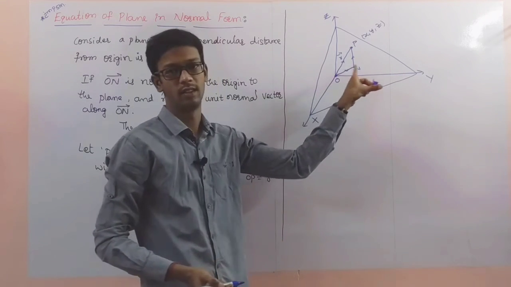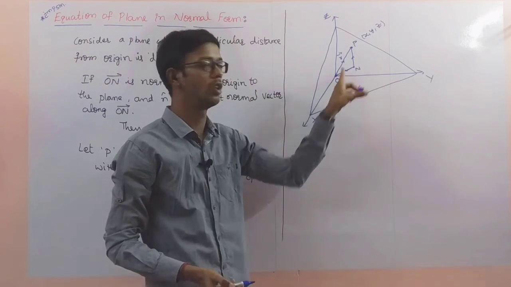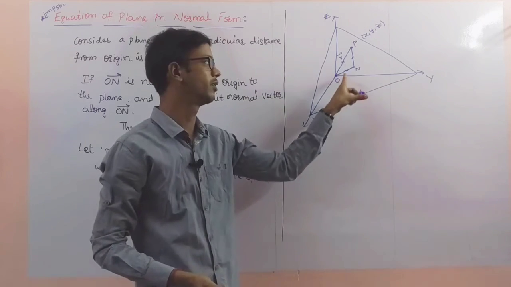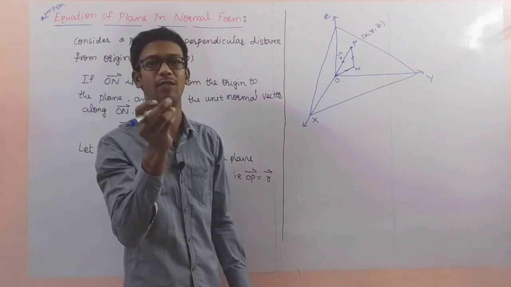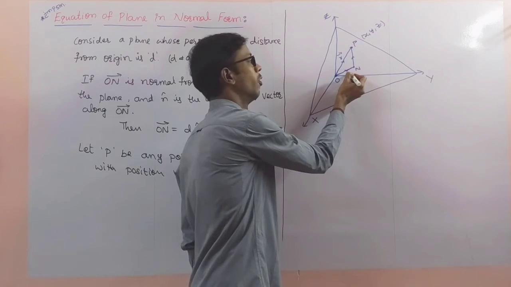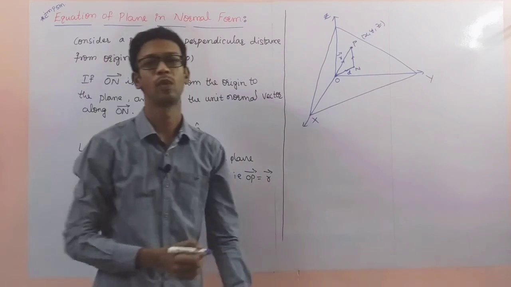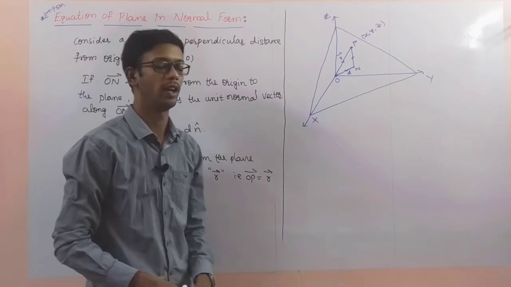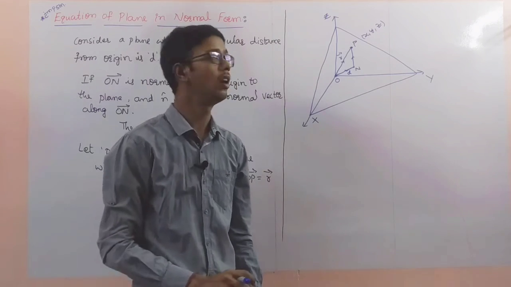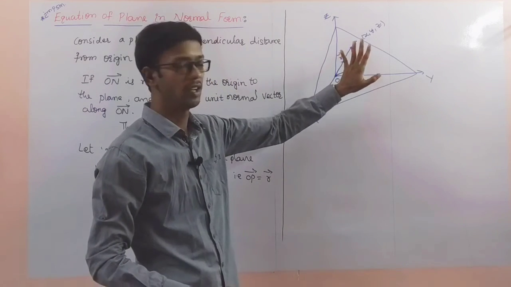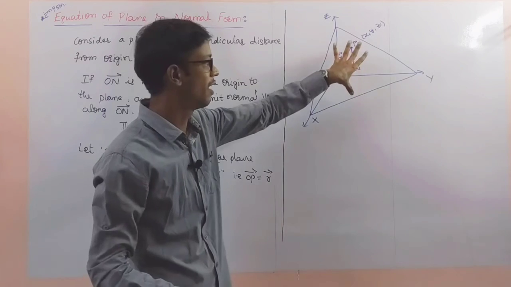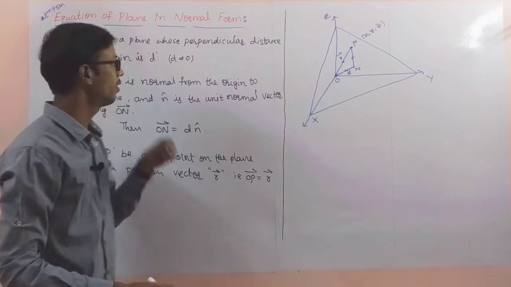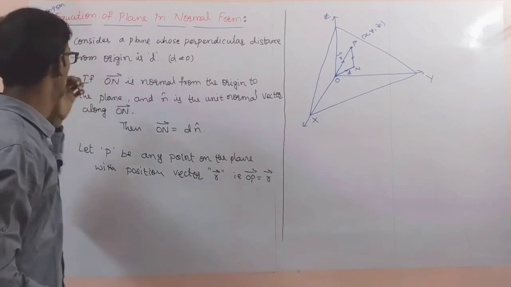The distance from the origin to the plane, or the length of ON bar, is d. This is the diagram here. This diagram representation is very important, as it represents the words.